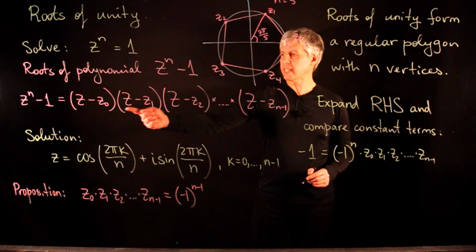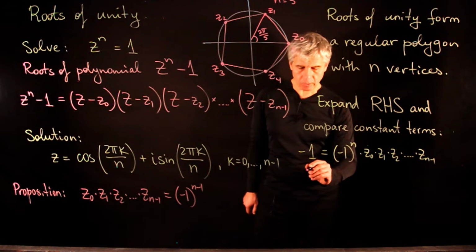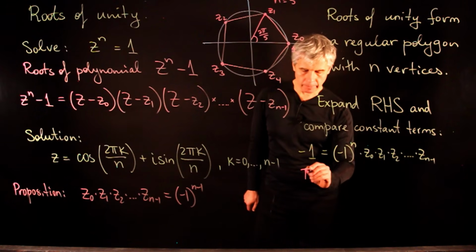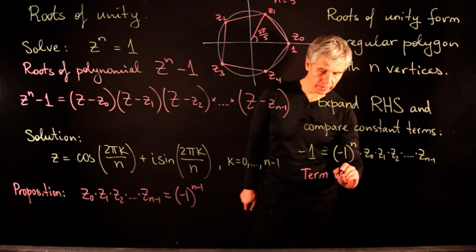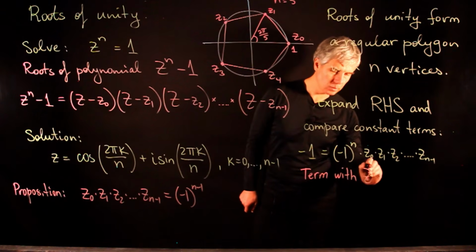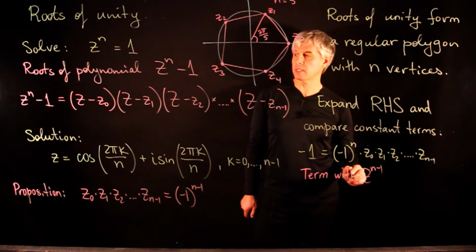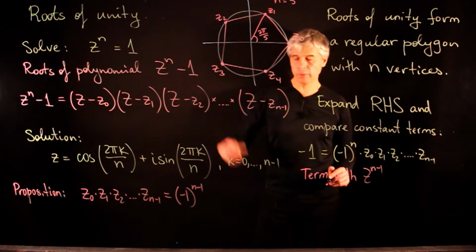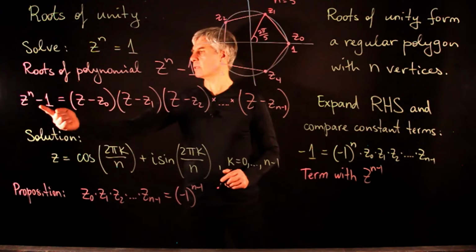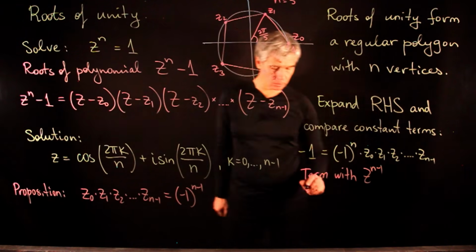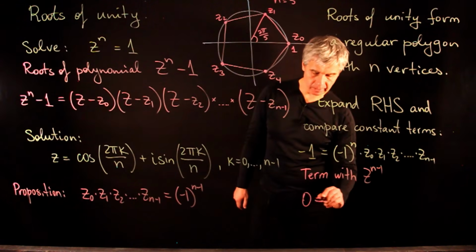Now let us look again at this expansion, and now let us look at the term with z to the n minus 1. So let's compute the coefficient at z to the n minus 1 of the left-hand side and on the right-hand side. On the left, this term is not present, so we get 0 on the left.